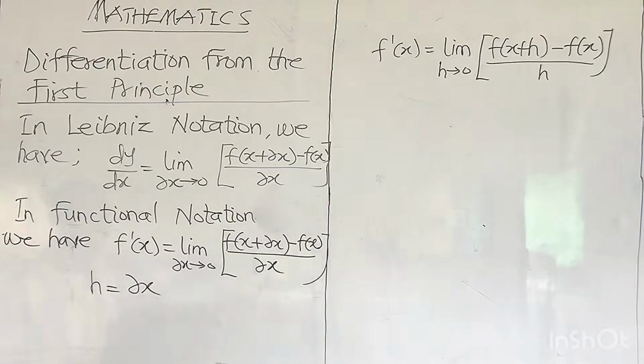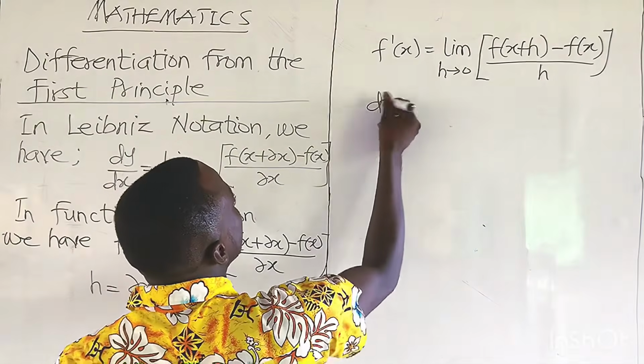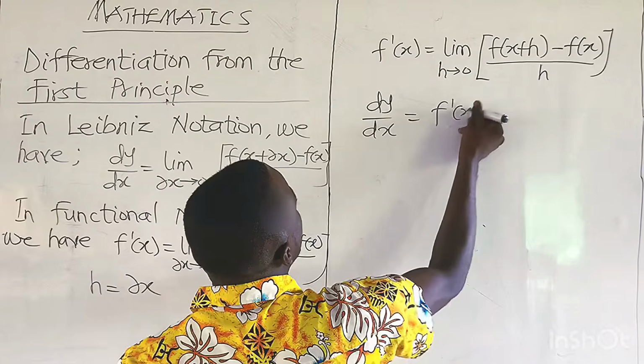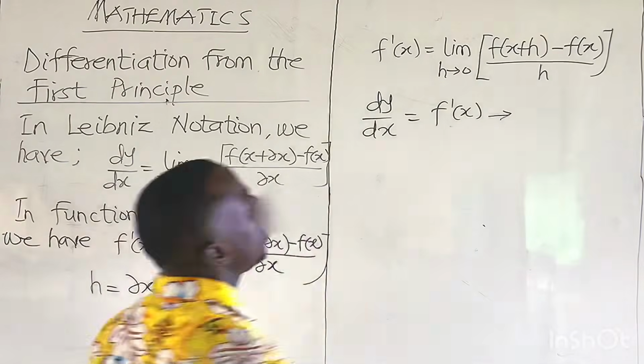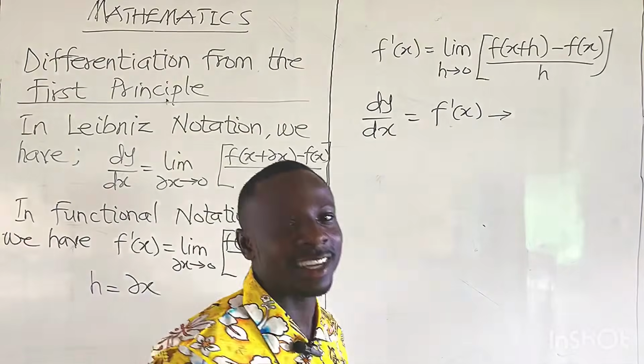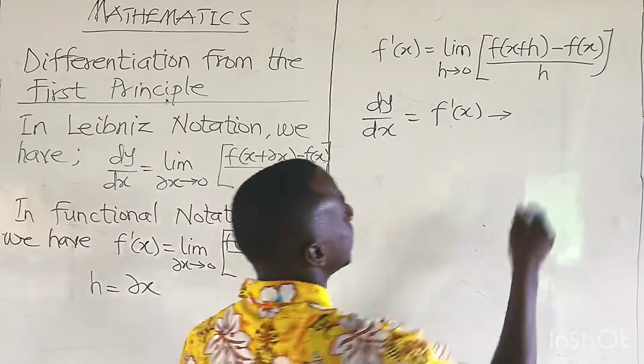And don't forget that dy over dx we have here is the same as f prime of x. So dy over dx is equal to f prime of x. And we call them the differential coefficient.